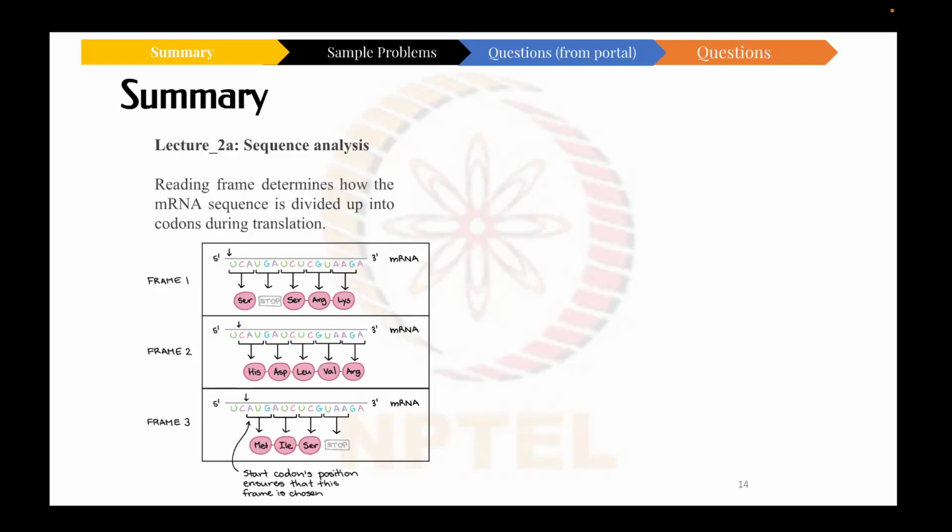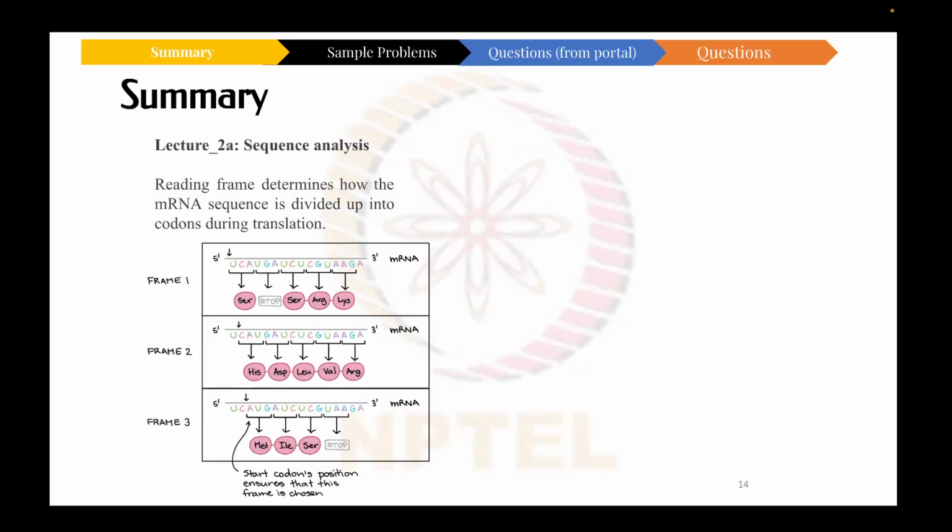In what way are frame 1, frame 2 and frame 3 different from the others? Other than stop codons, any other difference?